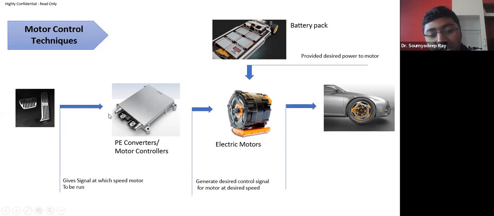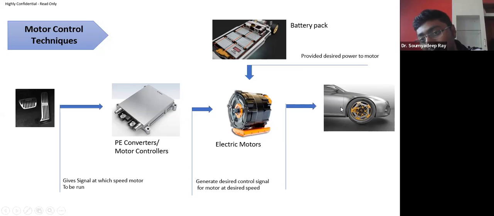So I give the command to my inverter to increase the duty cycle of the PWM pulses, so that the motor runs faster, say from 500 rpm to 2000 rpm.